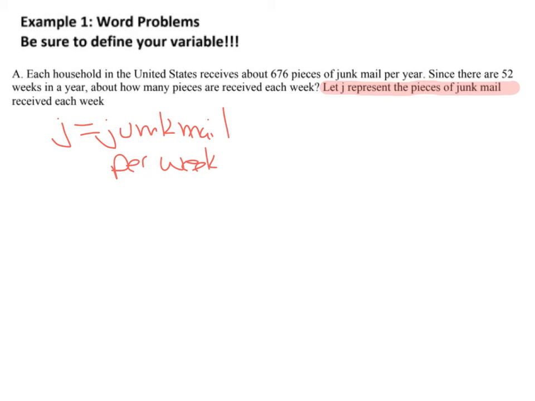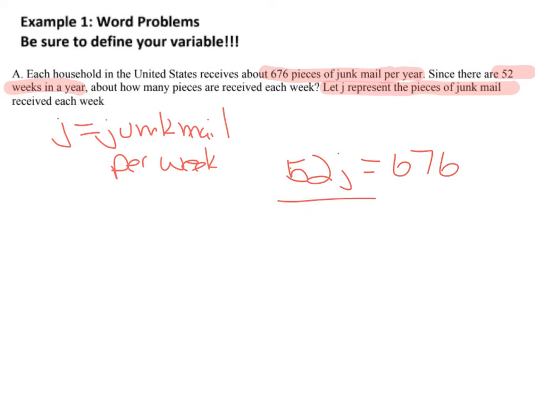And then, what else do we need to find to solve our equation? Well, looks like we're going to have about 676 for the year. And keep in mind that there are 52 weeks in a year. So if we're trying to find it per week, which is what the question is asking us, well, 52J, right? So we've got 52 weeks, and we're having the junk per each week, and we're looking at 676 for the year.